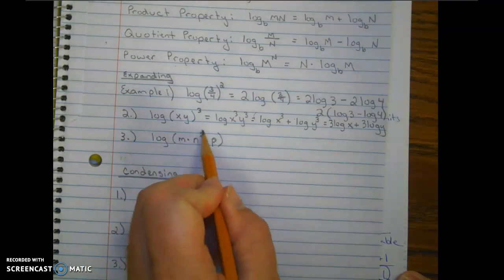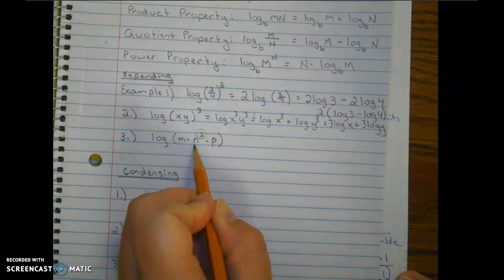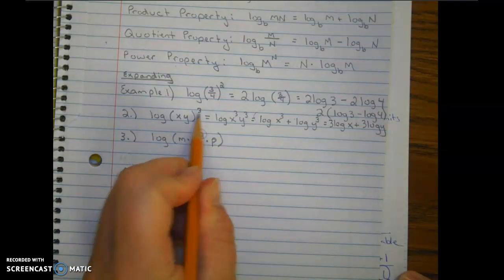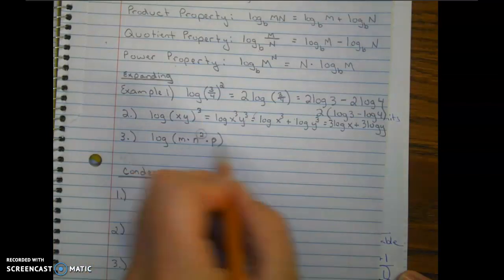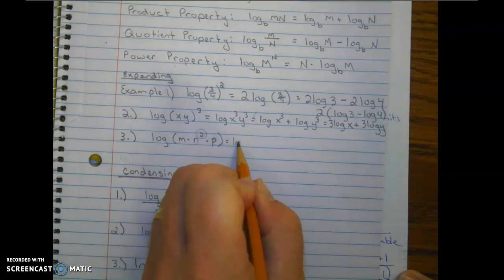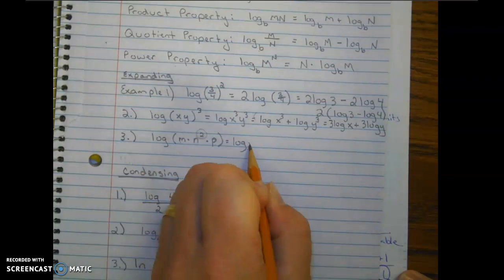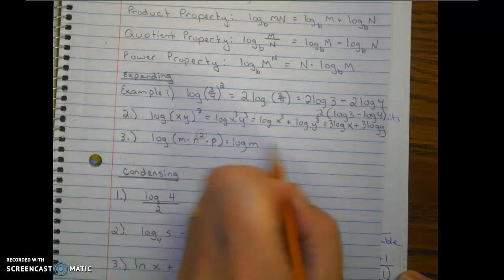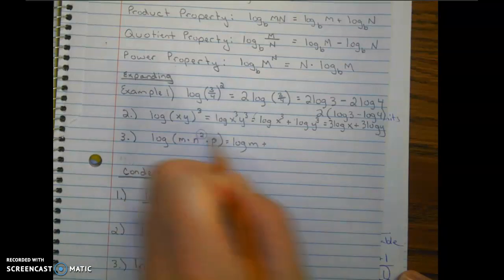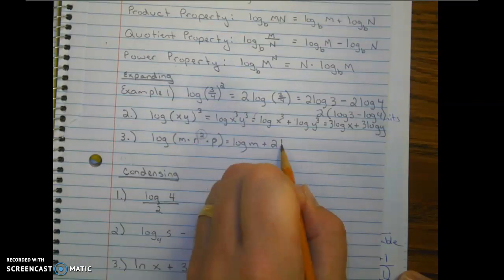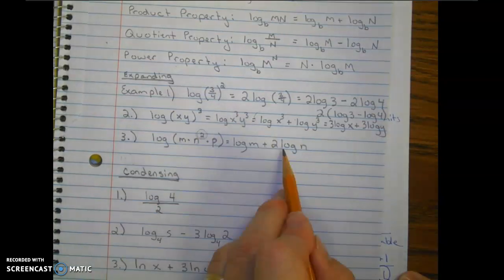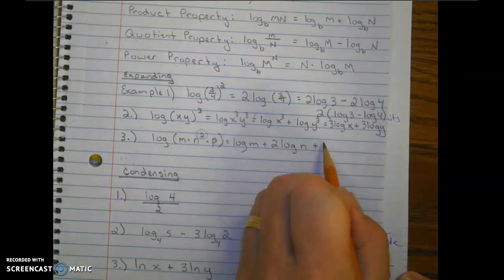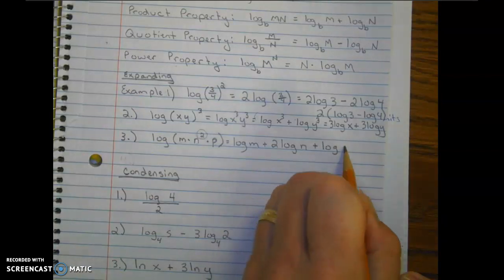Now remember, this time the exponent is only on the n, whereas before the 3 was on both of them because it was on the outside of the grouping symbol. So we're going to have log of m plus 2 log of n, because we're going to bring that 2 out in front of that log, plus log of p.